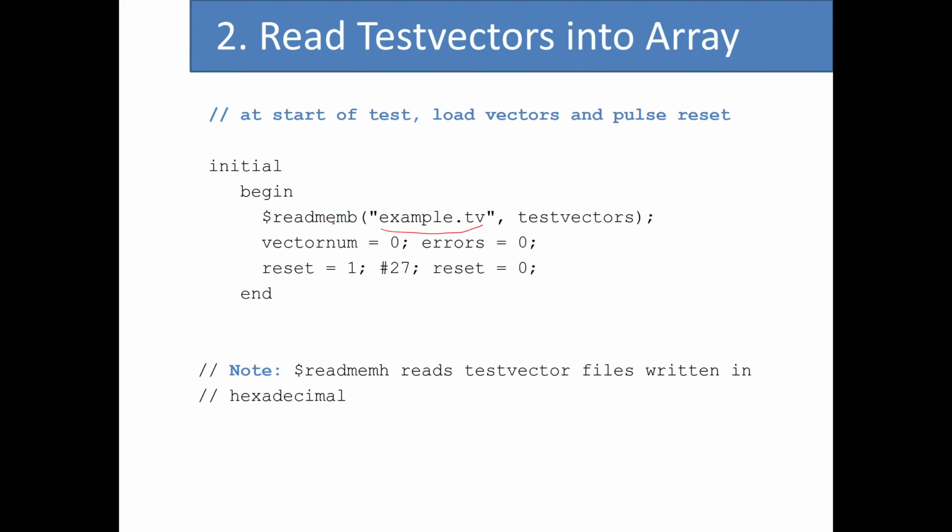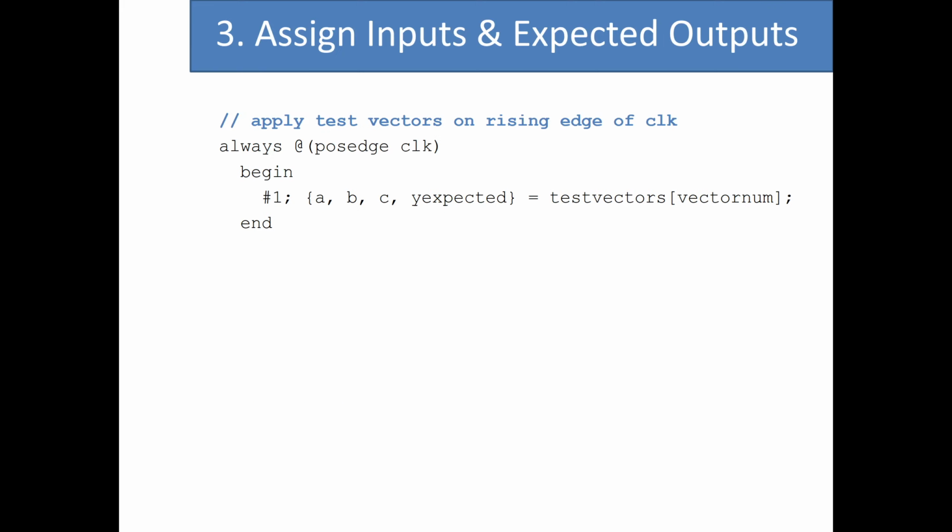It reads the values of the test vector line by line, and stores that into the test vector variable that we have. What else we do is initialize the two bookkeeping variables that we have defined with 0. We make the reset 1, wait 27 units of time, and then make the reset 0. That is basically for the initial state of the system, so that we reset everything before we do the actual testing.